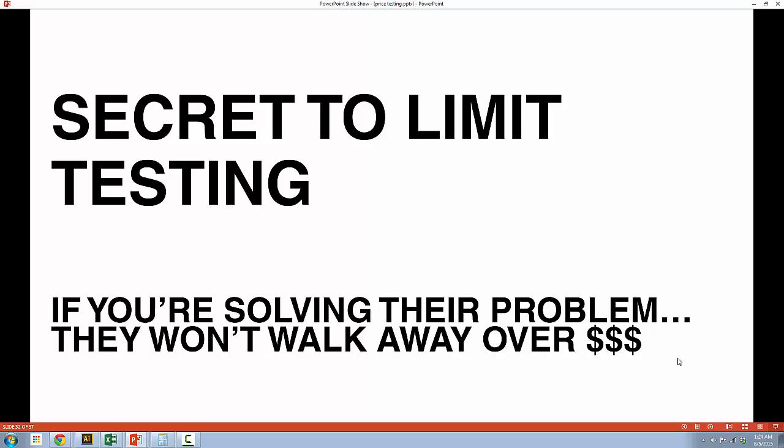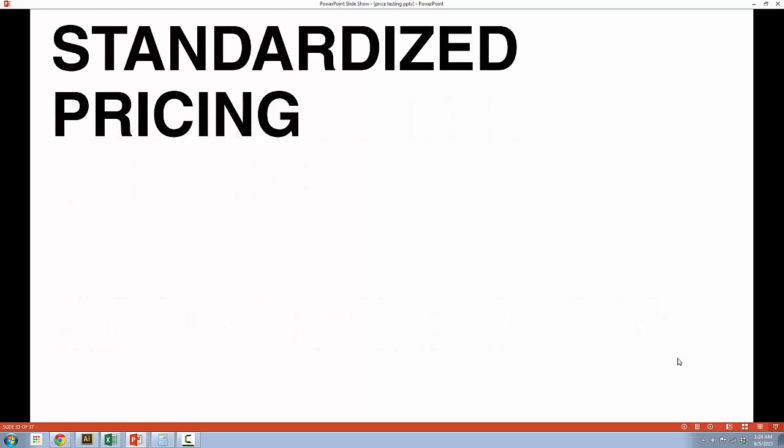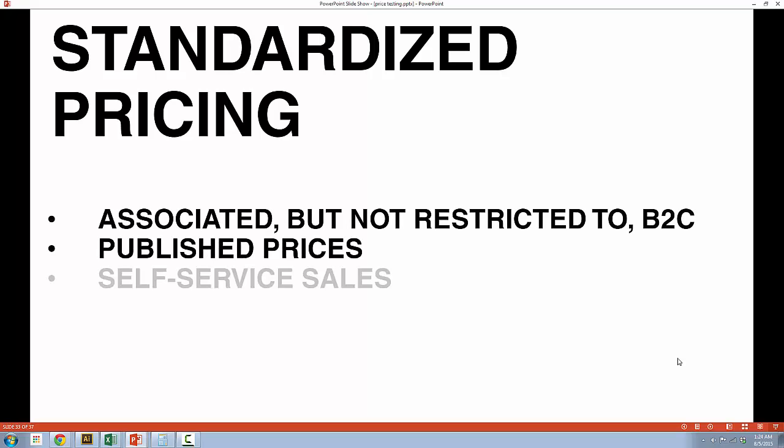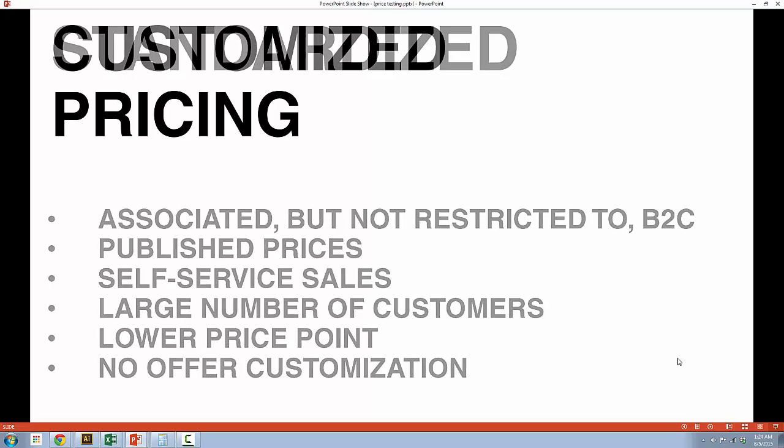And as you get more confident in your pricing strategy after running these experiments, you may be able to start standardizing a formerly customized price. So if you see over and over again that people have the same budget and are looking to pay the same amount, then you can start to standardize that, and you can make a more efficient sales cycle that way.